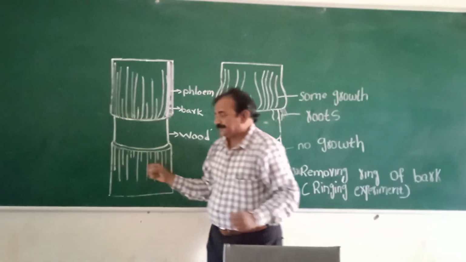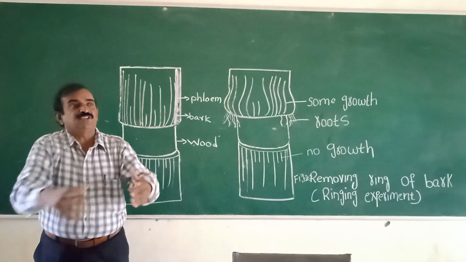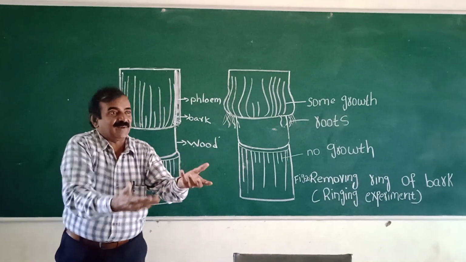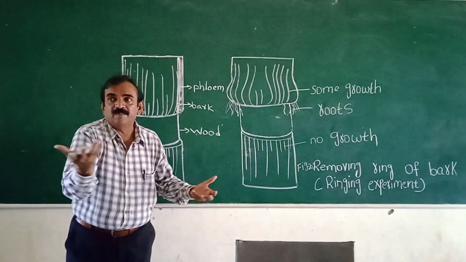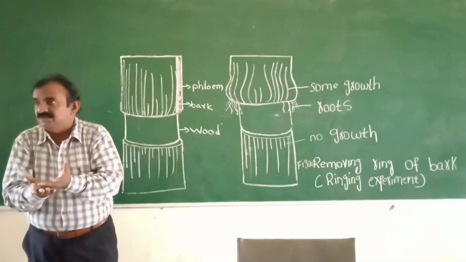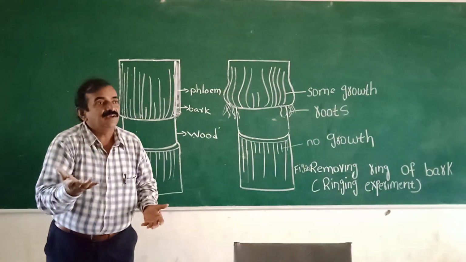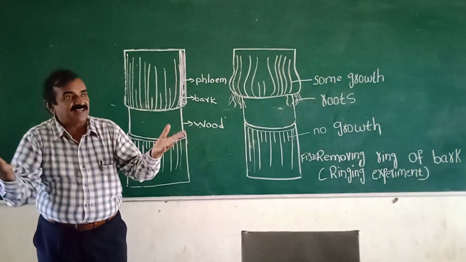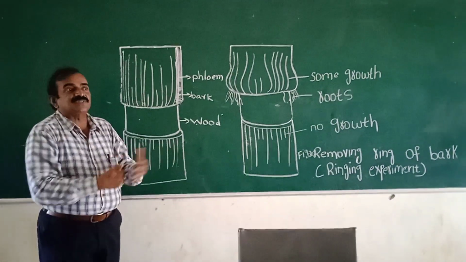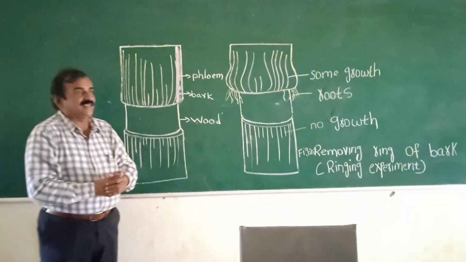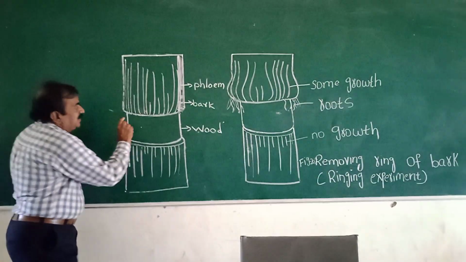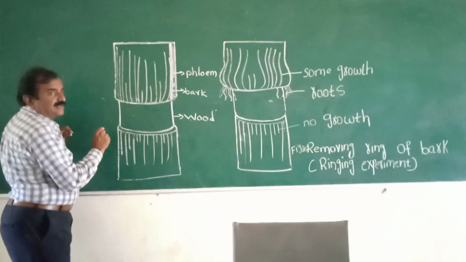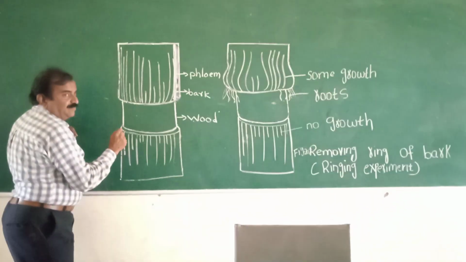But here you see, suppose we cut the roots, does a plant absorb water? No. If you cut all roots, does the plant survive? No, it cannot survive. Why? We are removing the roots, the xylem vessels, so the plant does not absorb water and finally dies. In the same way, suppose you remove a ring of bark around the stem.